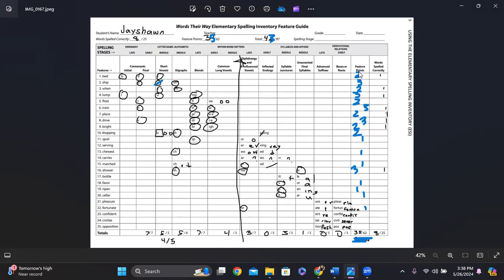And then over here, I gave all the points for these, including that one, including that one, including this one. Which gave him an initial score of 35 out of 62 with 8 spelled correctly.